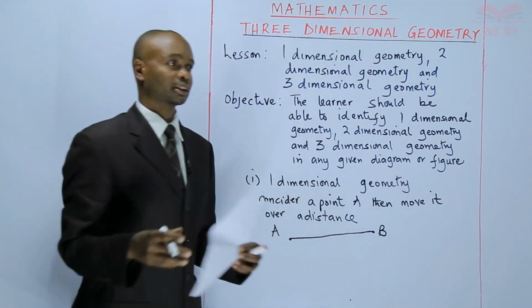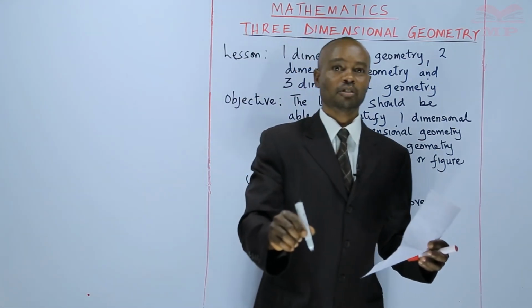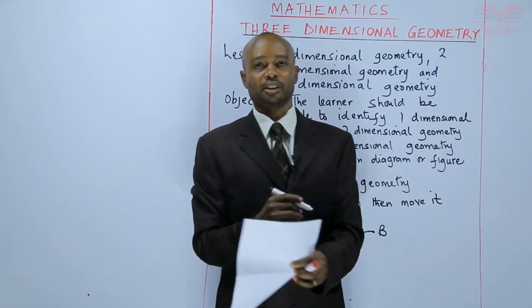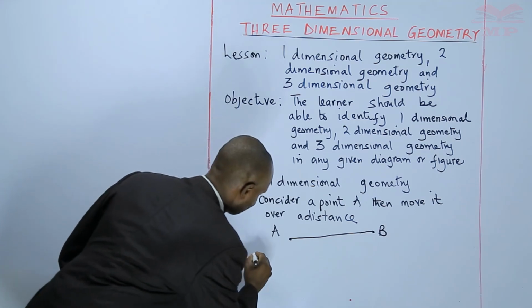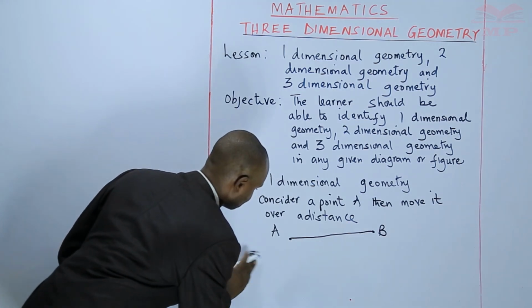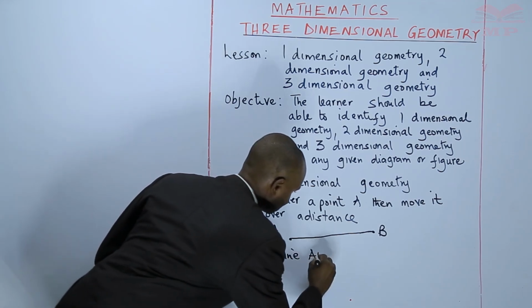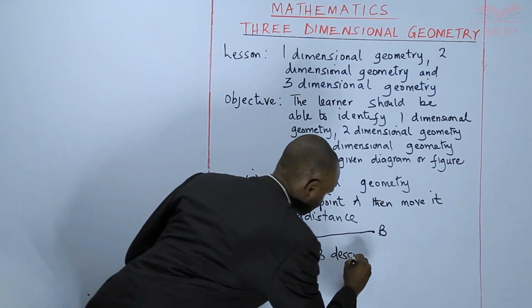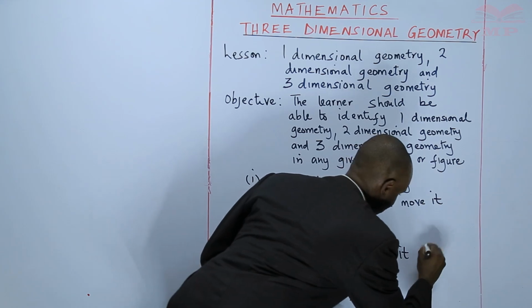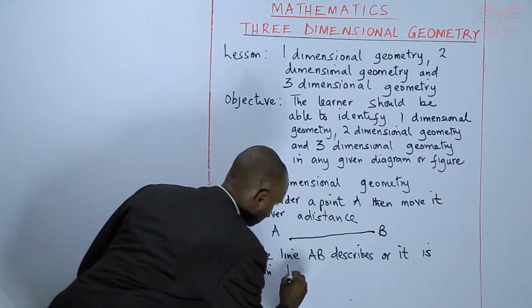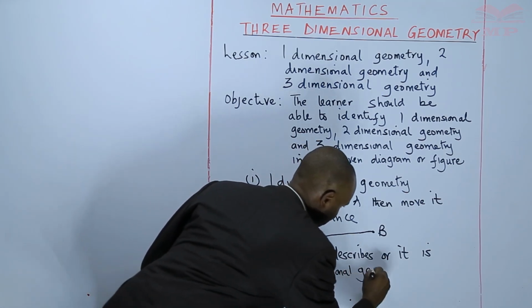When you start constructing, because in the topic you'll hear about construction, you start from a dot, then you put up something. So when we have a line, it describes one-dimensional geometry. The line AB is in one-dimensional geometry.